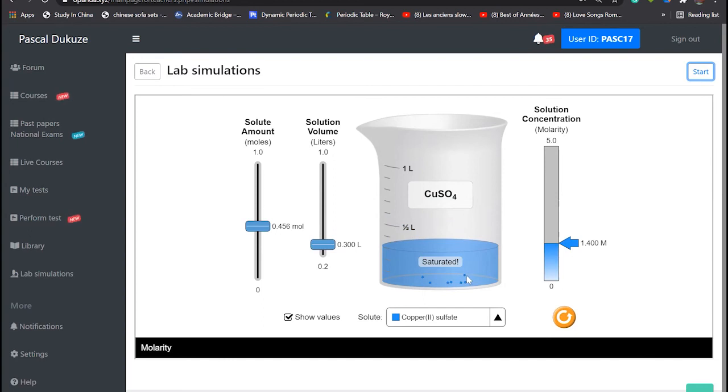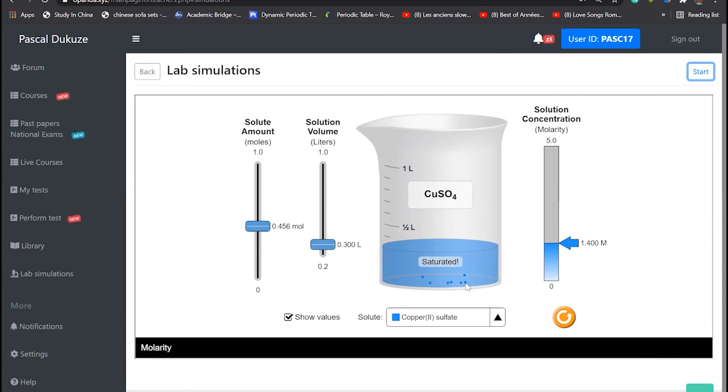You can see the undissolved particles. So as you reduce the volume, you increase the concentration, and at a given point, some of the solute particles will start to precipitate out of solution. So you get a saturated solution.